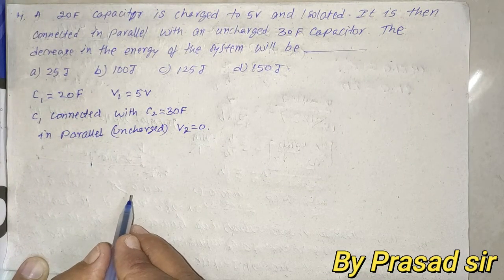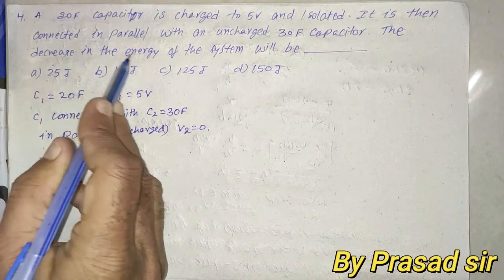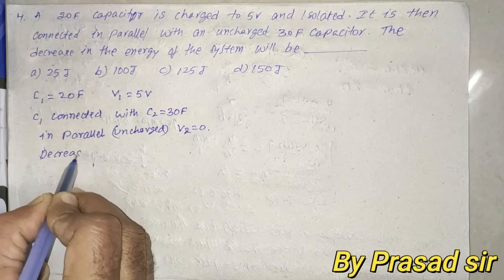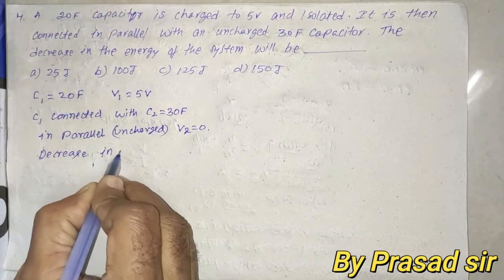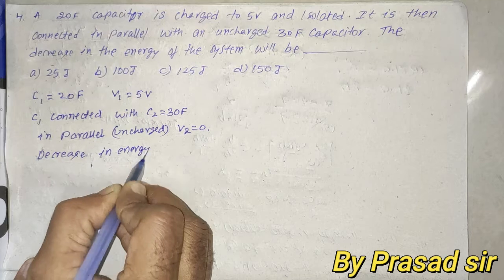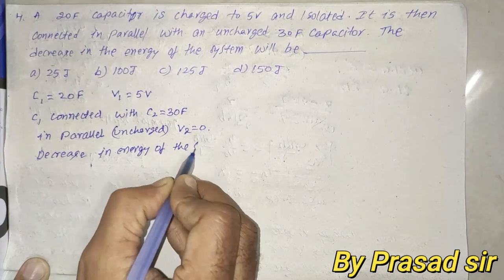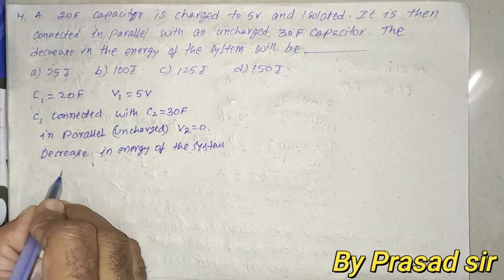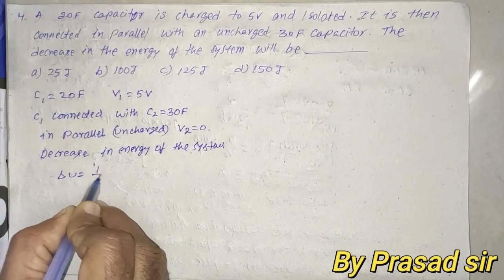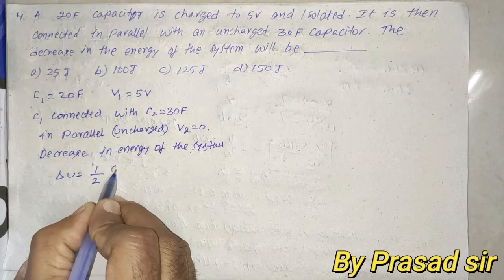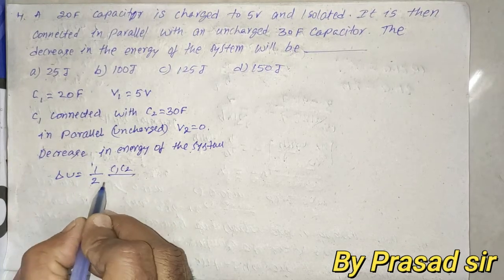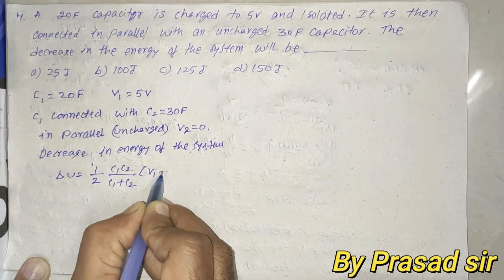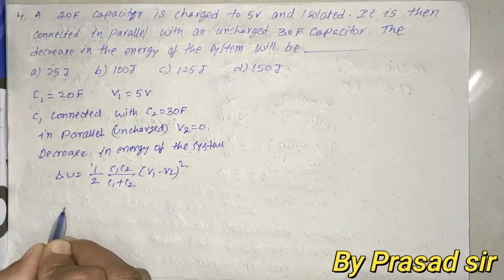But which one do we want to calculate here? The decrease in the energy of the system. The formula for decrease in energy, delta U, is equal to half times C1 C2 divided by C1 plus C2 times (V1 minus V2) whole square.